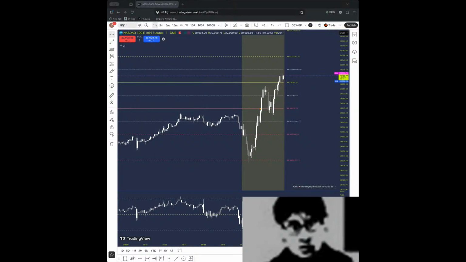Love to see the trap of all traps, but I don't know if that's going to happen today. I have a good entry here, so as long as we respect it on SPY.